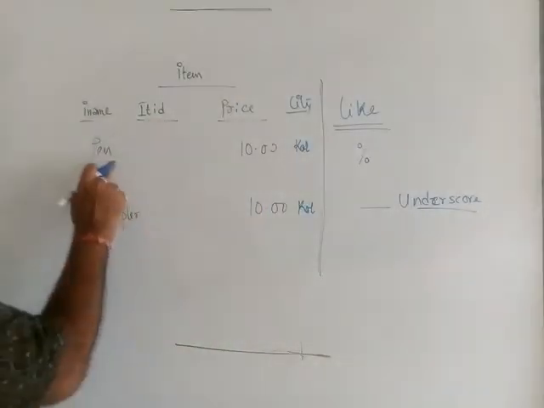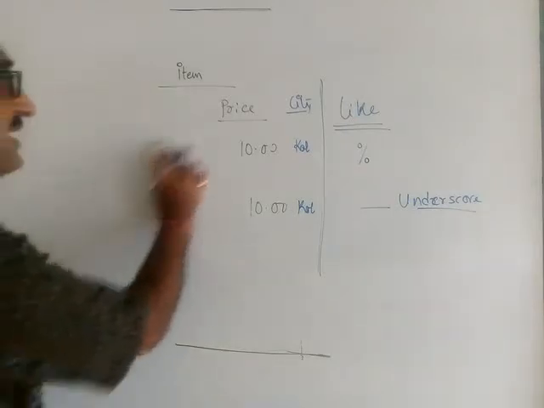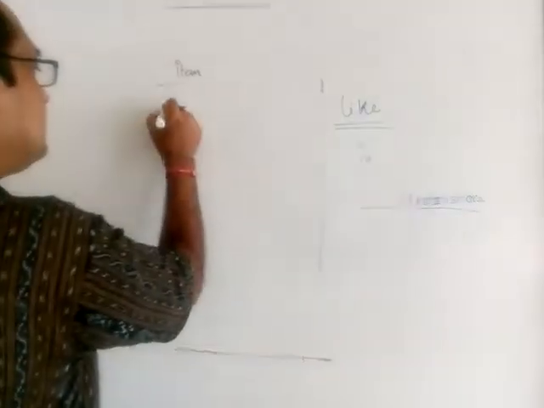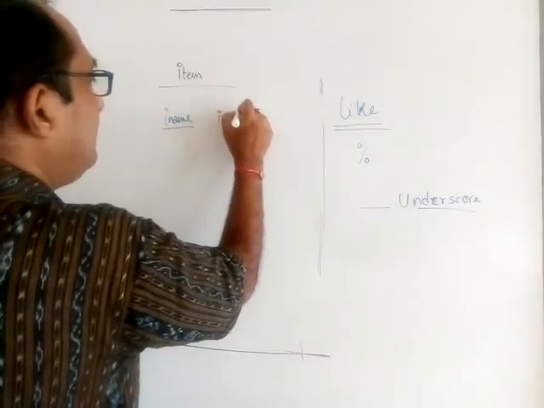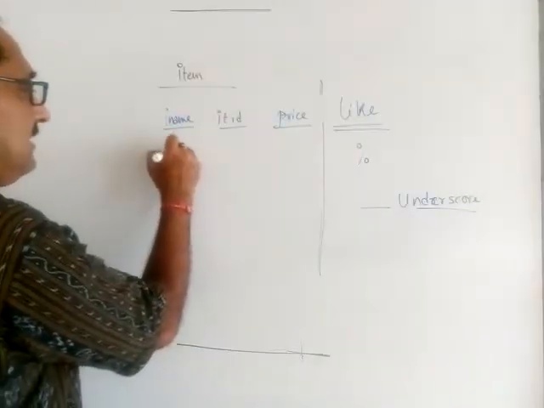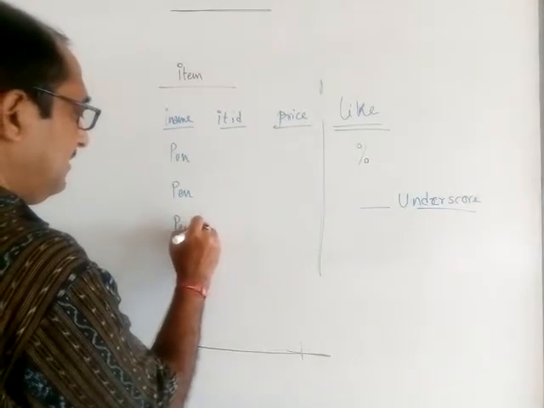Fine. Say my item name is pen. Okay. I am writing in a precise order so that you can understand it better. Say this is my item name, this is my item ID, and this is my price. Okay. Here I have pen, here I have pen, here I have pencil.